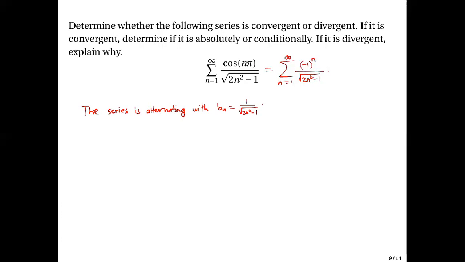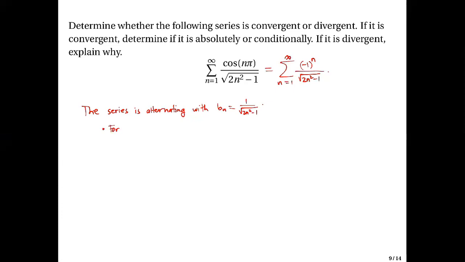So we show the conditions so that we can use the alternating series test. We show that b_n is always positive. We also show that b_n is decreasing. And we show that b_n goes to 0 as n goes to plus infinity. Correct? So let's state those.